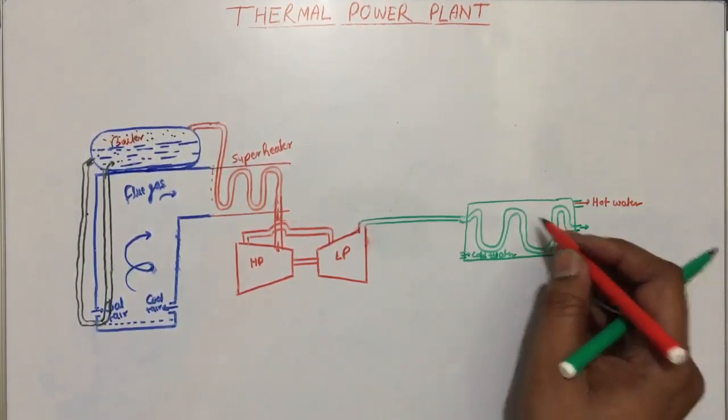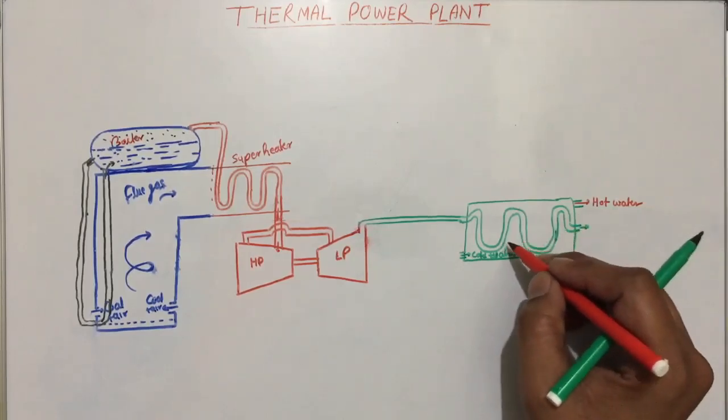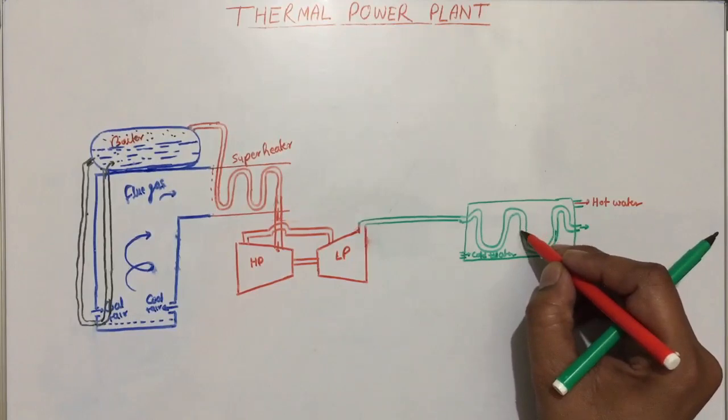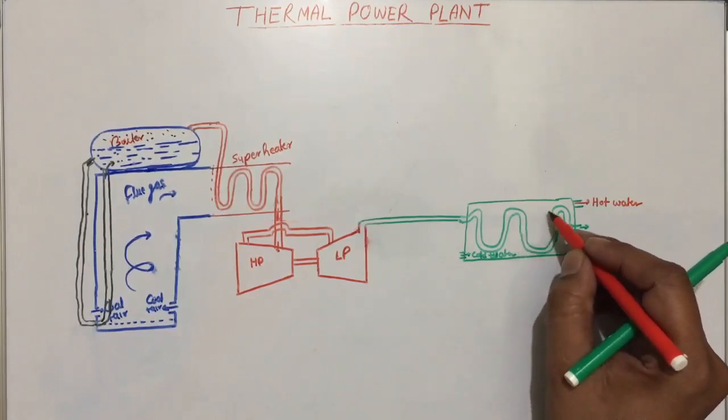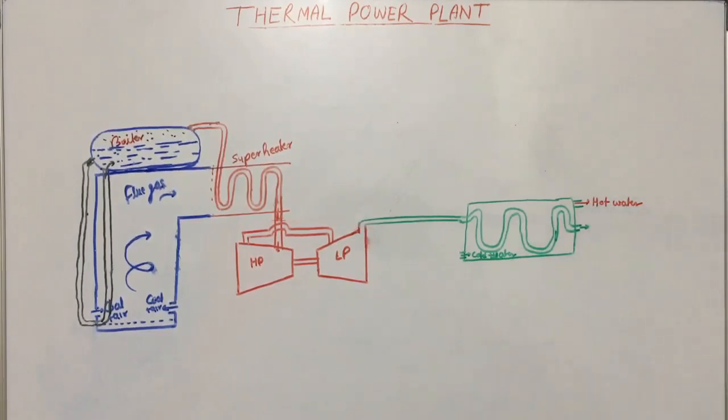But right now, to condense the steam, cold water is injected, and when it is condensed, the heat of the steam is transferred to the water and it gets heated up, and that hot water is thrown out.